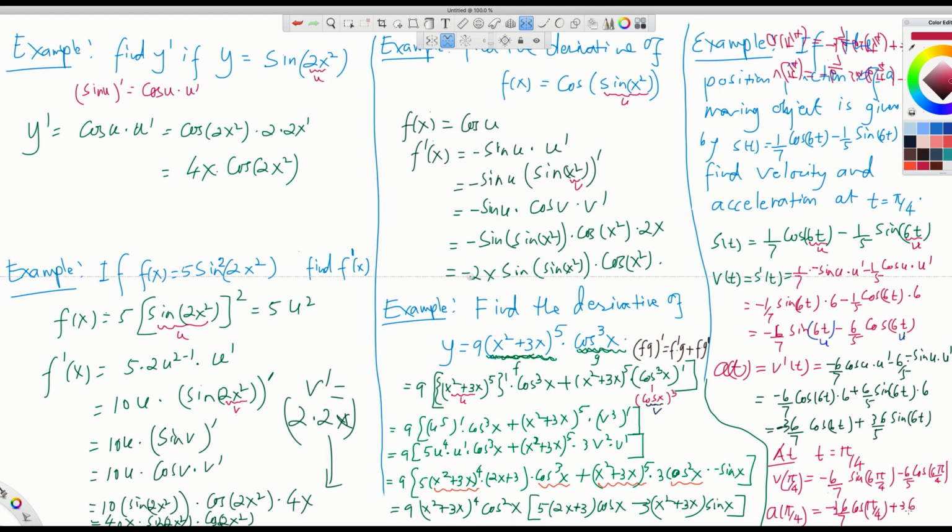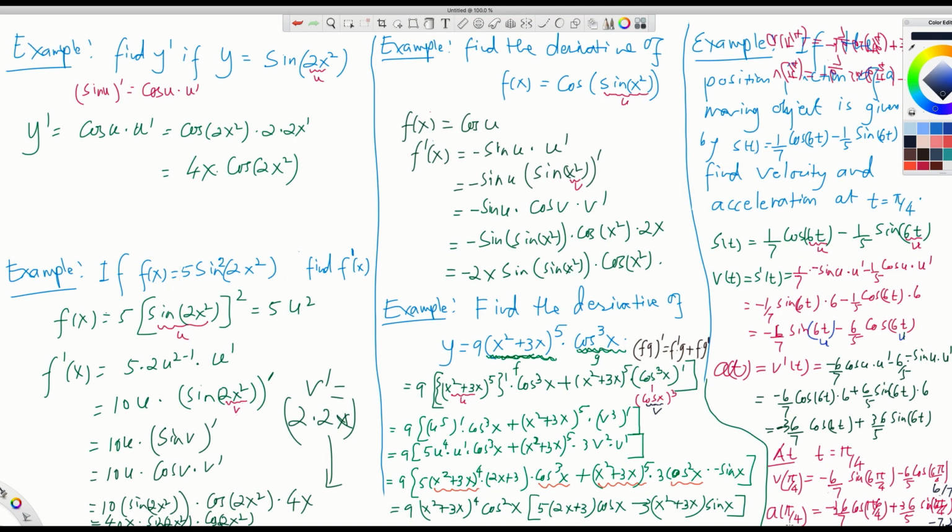and then plus 36/5 sine 6 pi over 4. Oh, there is also the 6 in the cosine, I forgot that. Cosine of 6 times pi over 4. If you use the calculator and enter negative 6 over 7 sine 6 pi over 4 minus 6 over 5 cosine 6 pi over 4, you will get 6 over 7.